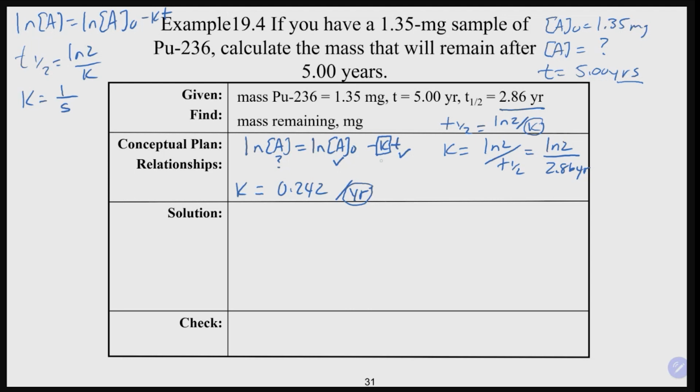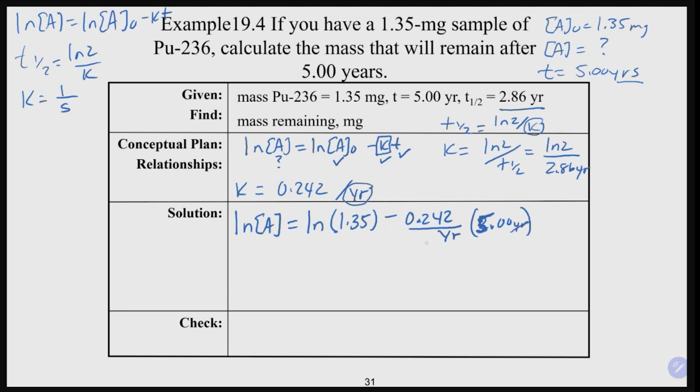The natural log of A, which is what we're looking for, would equal the natural log of our initial concentration, which is 1.35, minus our decay constant that we just solved for, 0.242. Again, 1 over years is the units, and that's going to work well with our 5 years.